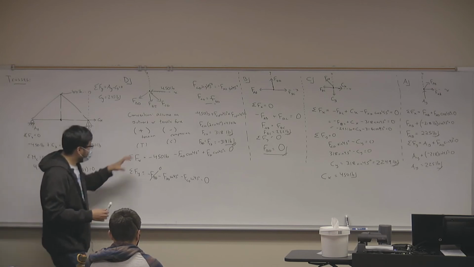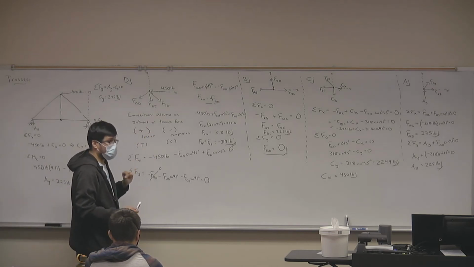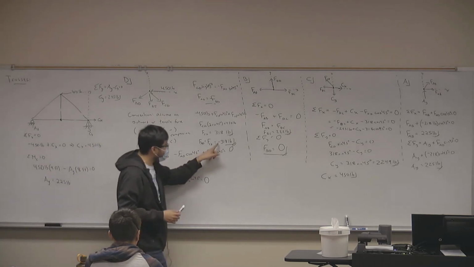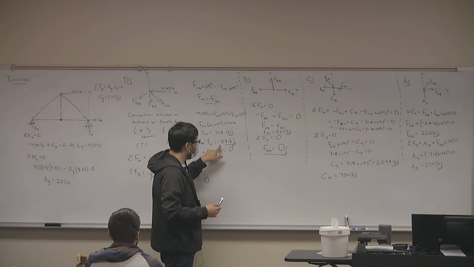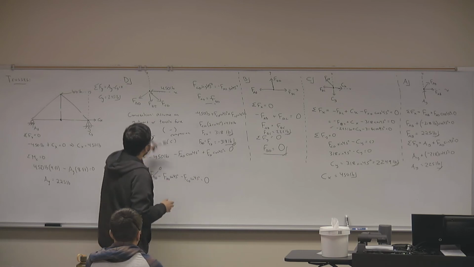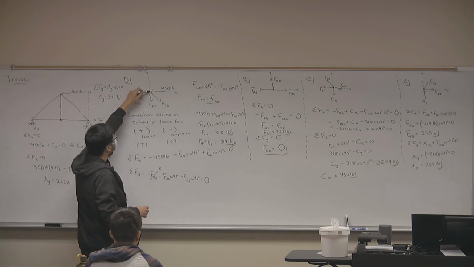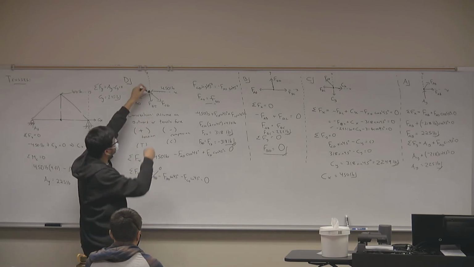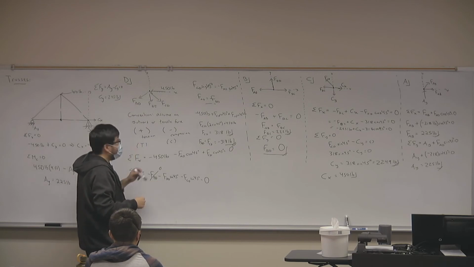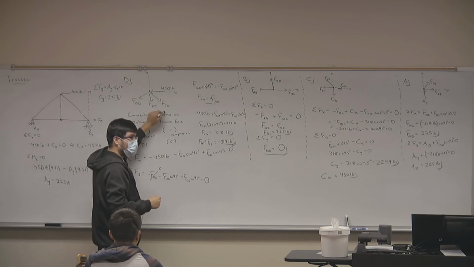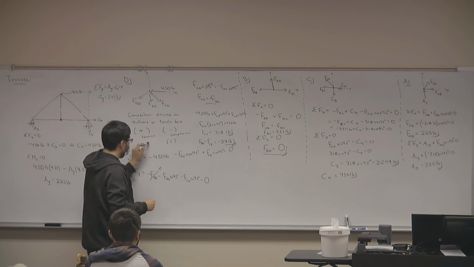So if positive is tension, negative is compression, the only way you can get a negative value in your equation is if you assume your direction incorrectly. So what we'll do is always assume that my force pulls. So my force is out of my particle, so it's always tension. And if we assumed correctly, my answer will be positive, so it's tension.